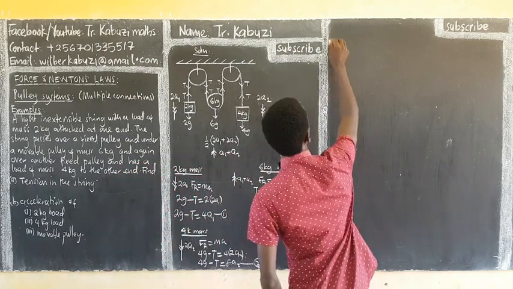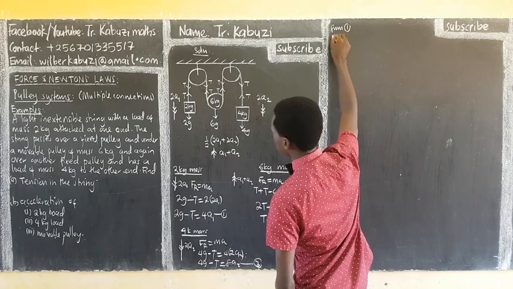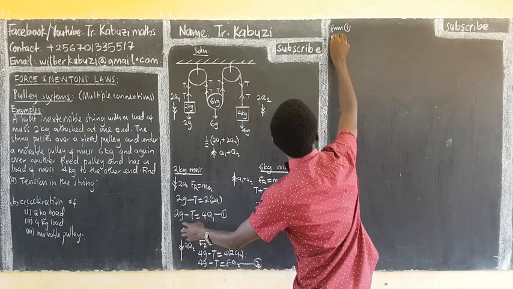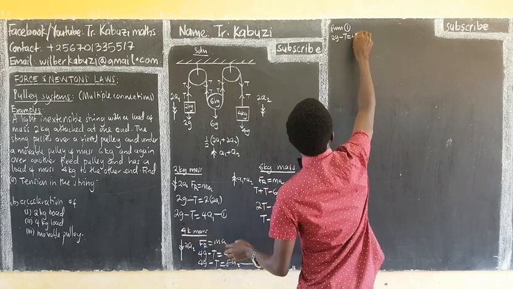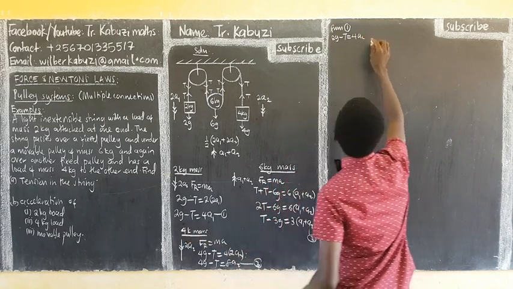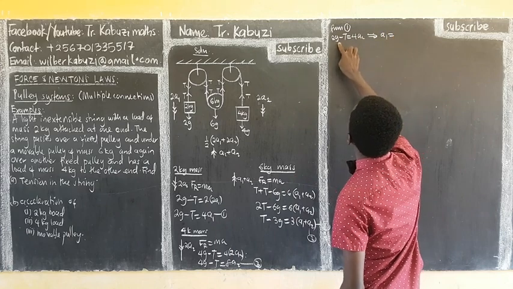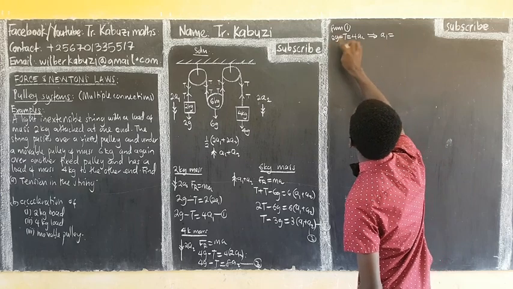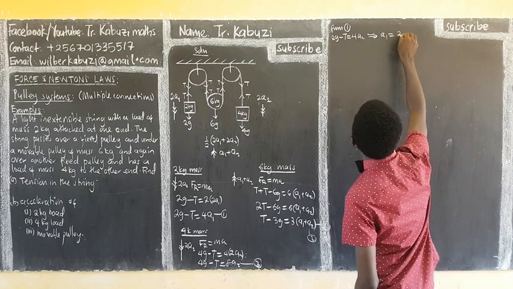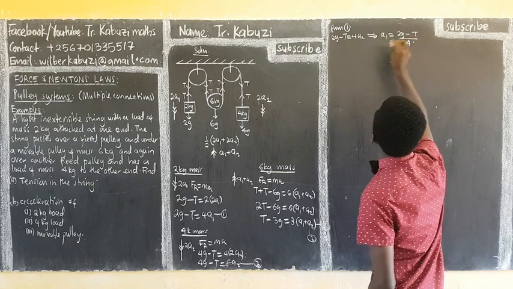From equation 1, I have 2b minus t equaling 4a1. So my a1 is going to be, when I divide by 4, 2b minus t over 4.